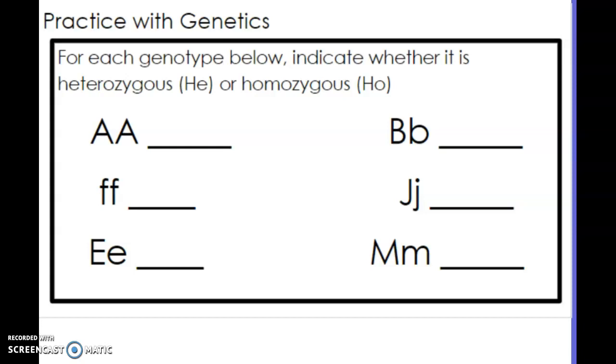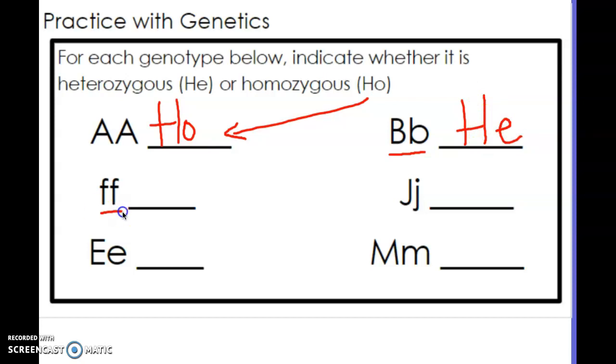All right, so let's do this one real quick. Big A, big A is going to have the exact same size, so it's going to be homozygous, and we're going to represent it with the letters H-O, so we don't have to write out the whole word. All right, let's look at this one right here. Big B, little b. These are two different sizes, so it's going to be written as heterozygous. This is a heterozygous genotype. All right, little f, little f, they're the same size.